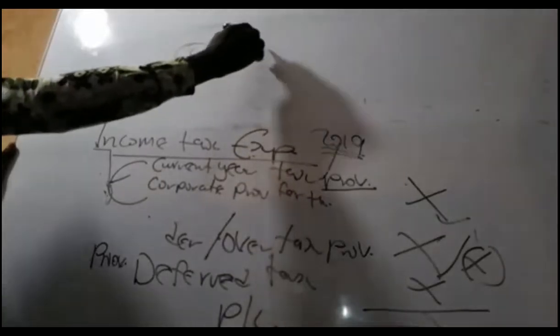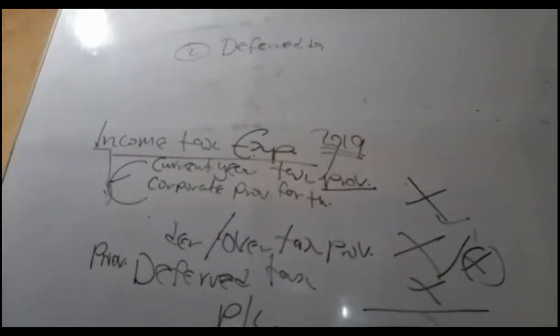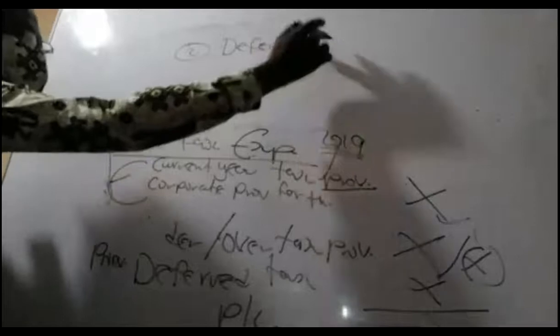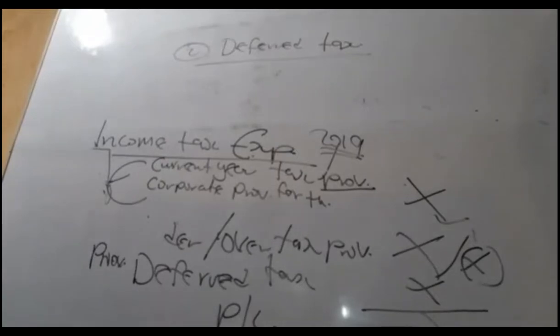So we call it deferred tax. Good. First, what you do is this. You look for 2 items, then you are done. Like provision for bad debt, 2 items, you are done.